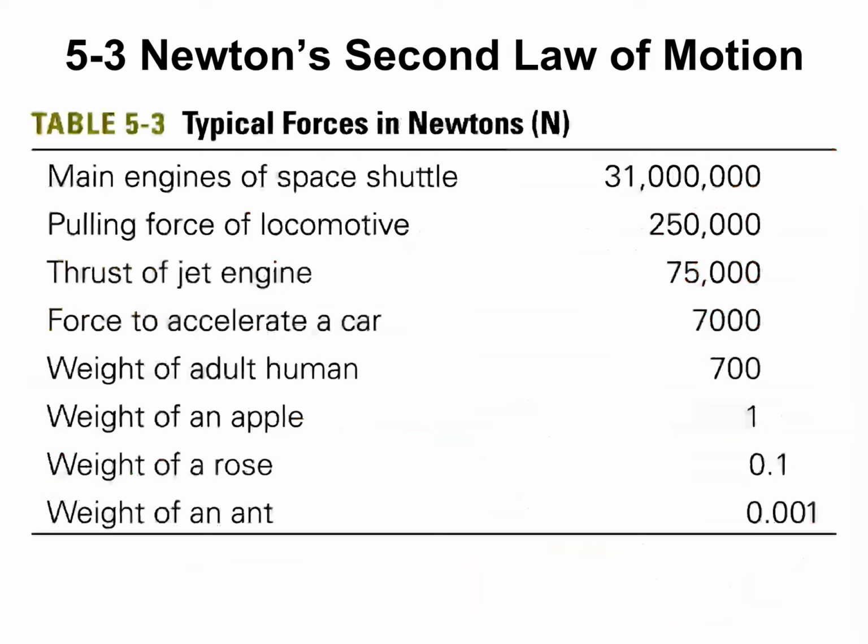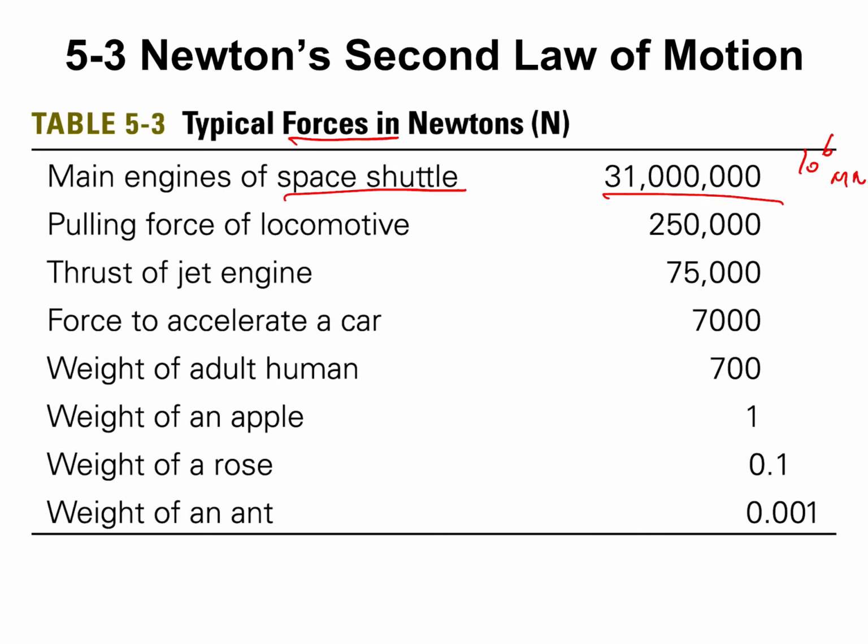All right, this is a table of typical forces in Newtons. If one puts a space shuttle into space, the propulsion force, the push force, is about 31 million Newtons, or we call it a meganewton, 10 to the power of 6.